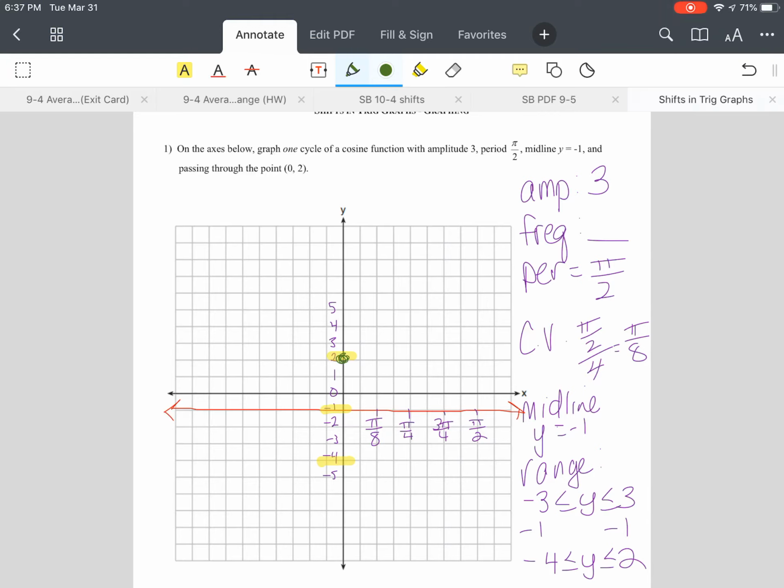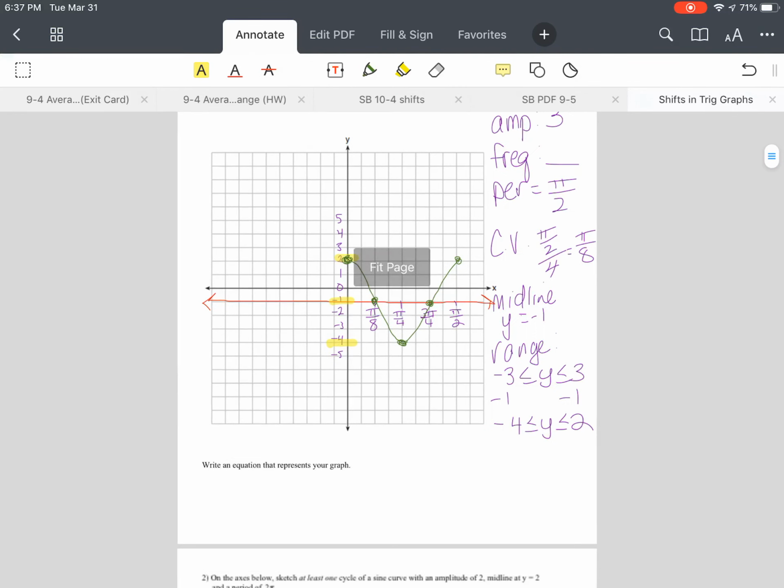That's the first critical value. Then at the next critical value, we're going to go to the midline. So it used to be the x-axis was the midline, but now we have our new midline. Then at our next critical value, we're going to go down to the lowest. Then back up to the midline, and then back up to the highest. And connect. And that's it.